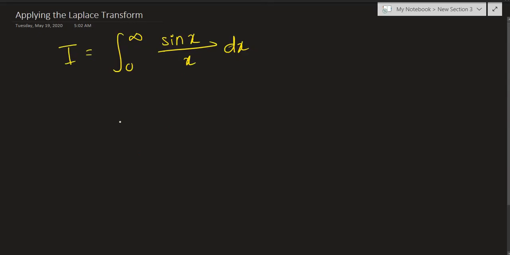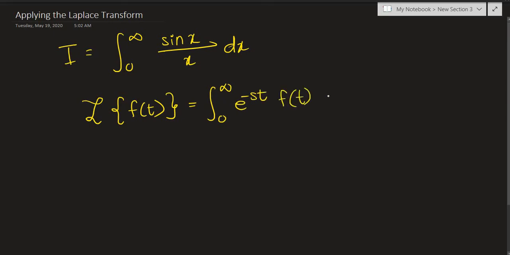So we have our I now. Let's define what the Laplace transform is. So the Laplace transform of a function of t, f of t, let's say, is going to be the integral from 0 to infinity of e raised to negative st times f of t dt, and this will give us an output function, let's call it capital F, which is a function of s.